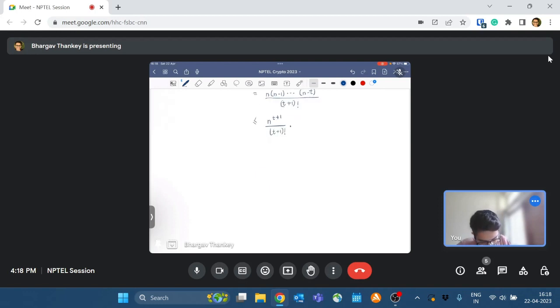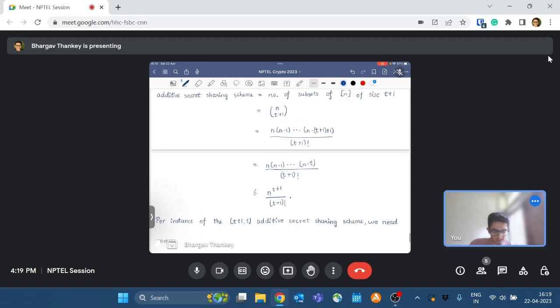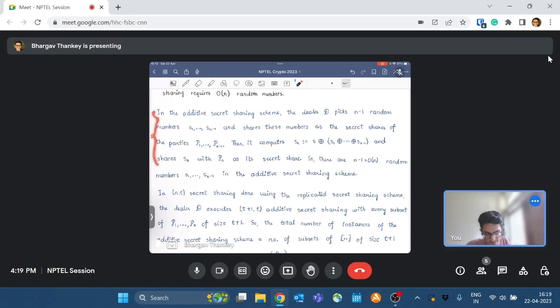Now, per instance of the (t+1, t) additive secret sharing scheme, we need, as we saw while answering the first part of option C, that if we do secret sharing with n parties, that is, (n, n minus 1) secret sharing, then we need order n randomness.